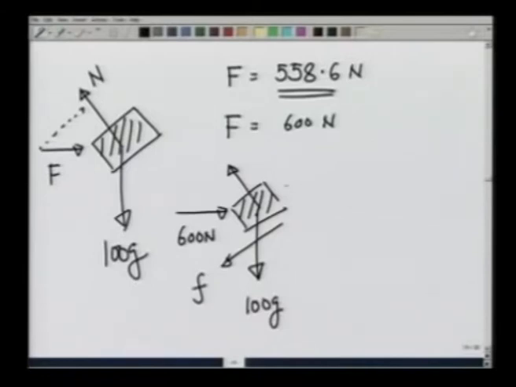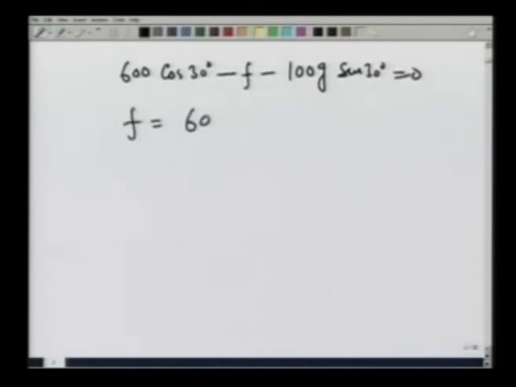And therefore, again taking x-axis in this direction and y-axis in this direction, if we now look at the equation of equilibrium, they look like 600 cosine of 30 degrees minus f minus 100 g sine of 30 degrees equal to 0, or f equals 600 cosine of 30 degrees minus 100 g sine of 30 degrees.